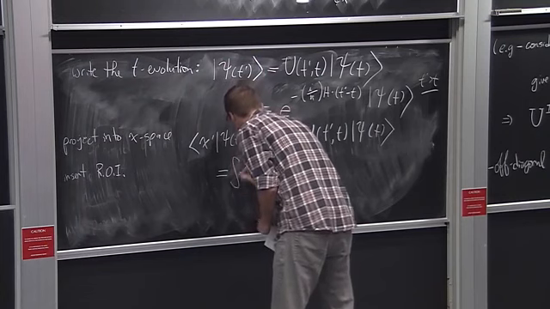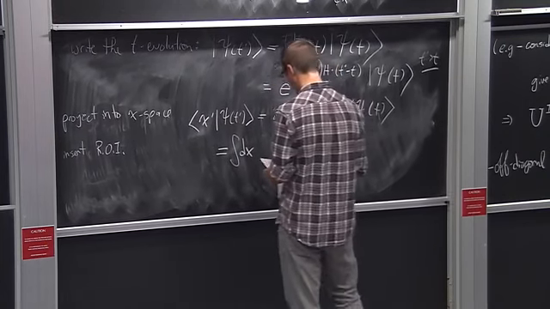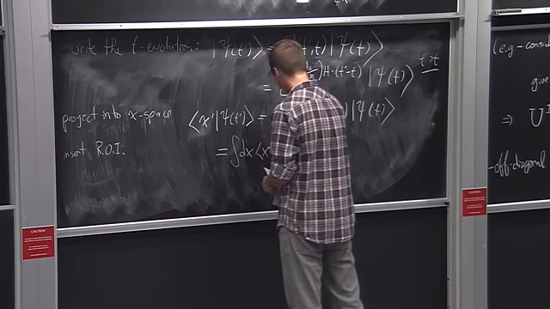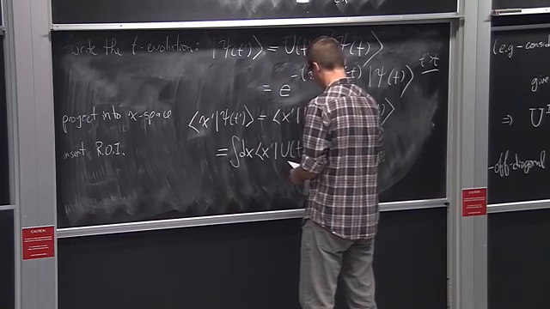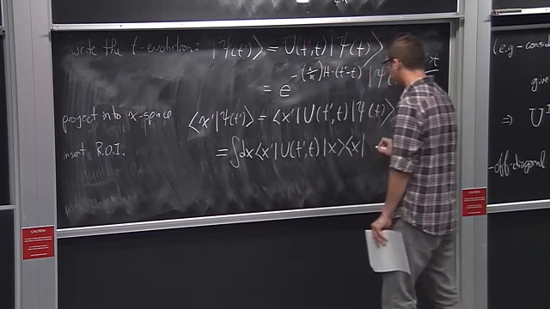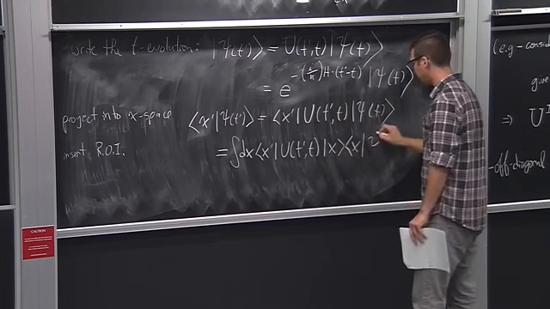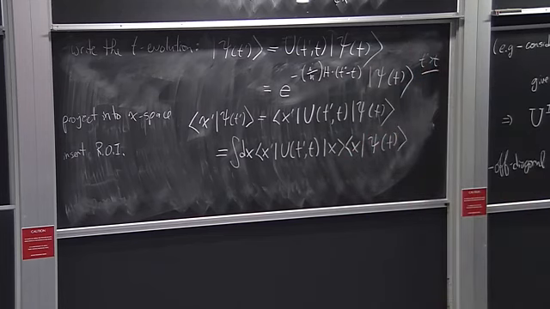Which will give us an integral over x. Let me get all these labels right. x prime. Here's my x from the resolution of the identity. So here's my wave function at time t projected into the x basis. That's what I wanted.